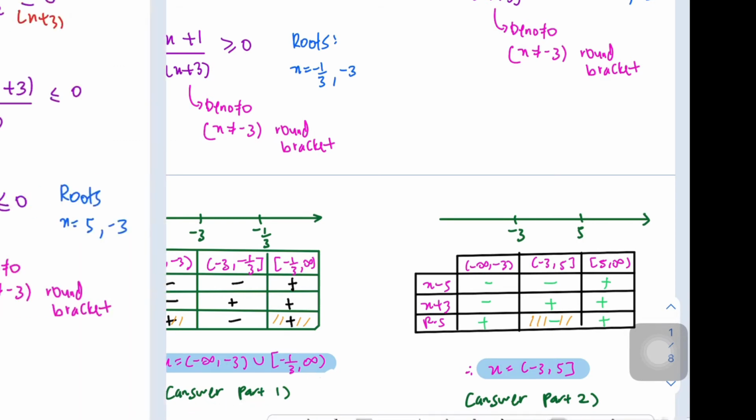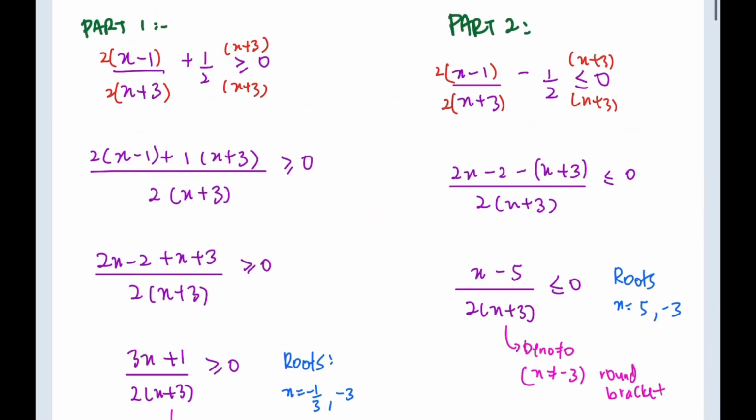Keep this first. Now let's focus on solving part 2. Bring half to the other side and then equate your denominator, and then simplify. Now let's read your roots. x is equal to 5. x is equal to negative 3. Again, be careful, the denominator cannot be equal to 0, so x cannot be equal to negative 3.